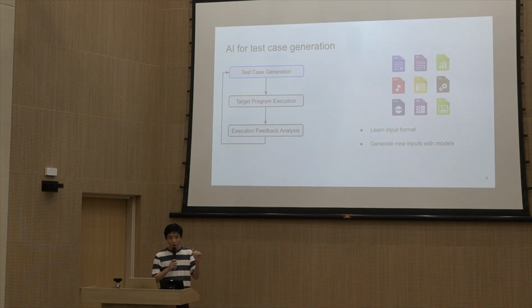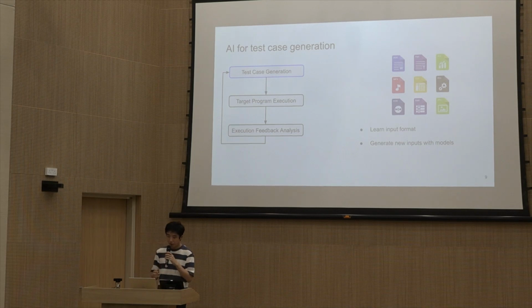If the input has random characters, it will be immediately rejected, and it will not reach the deeper logic of the program. So in this case, we need to somehow generate a valid input so that the program can accept and process it, and yet it is still quite random so that we can find bugs.